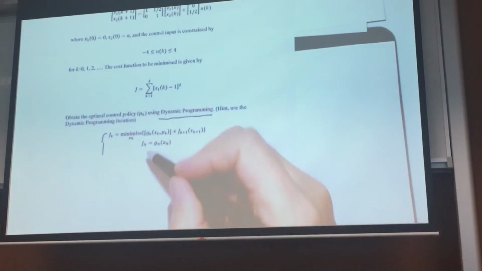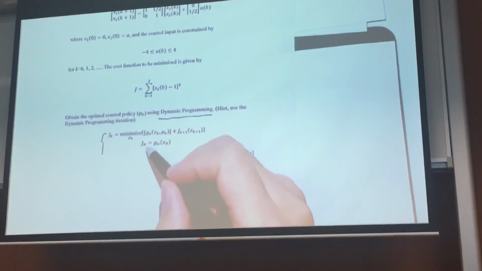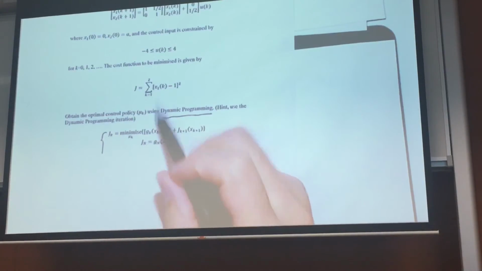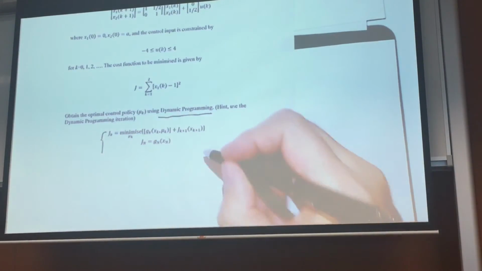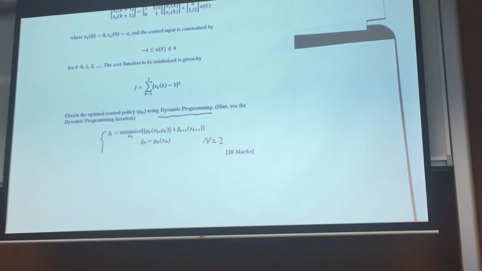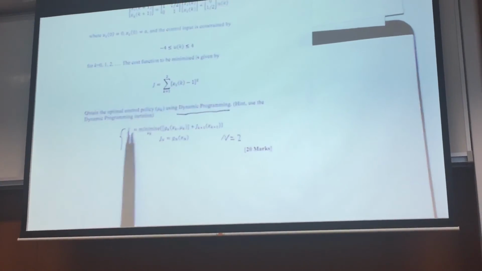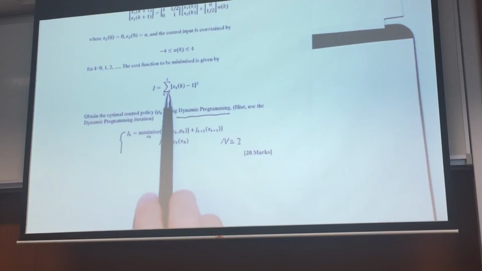You start from the final state, J_n. In this case, n equals 2. After this, you do this backwards, so you have G1, for k equal to 1.